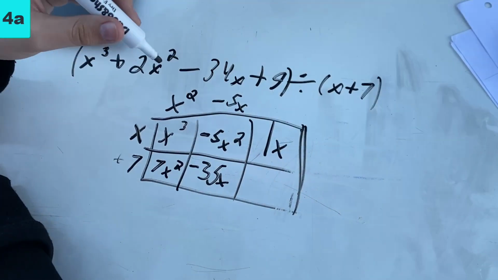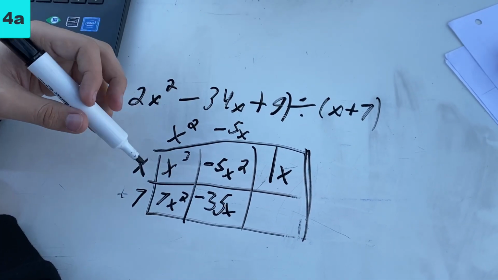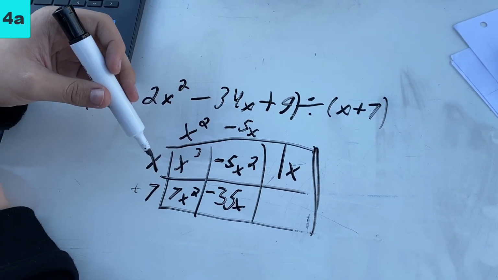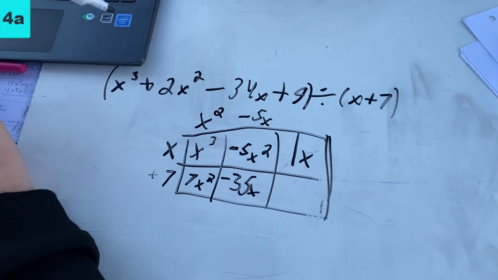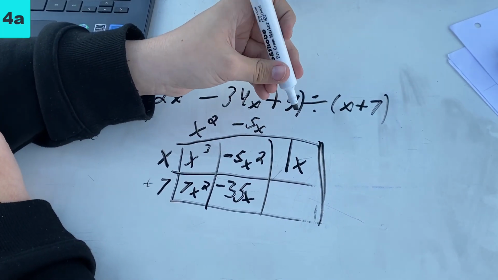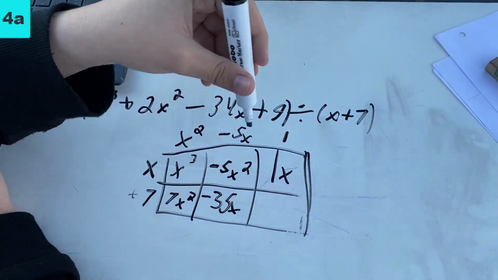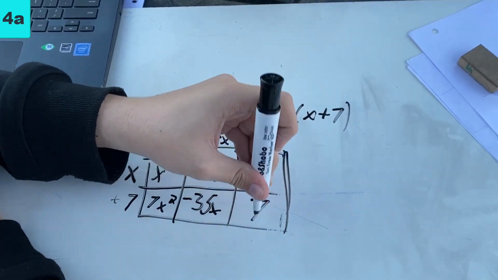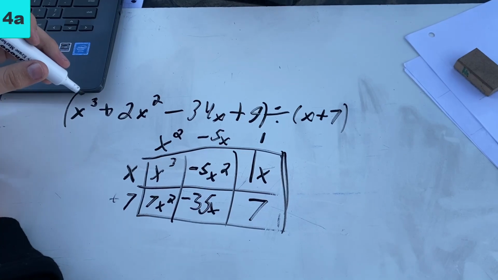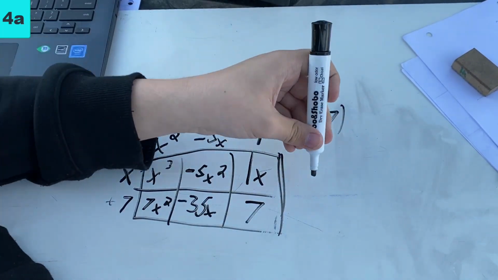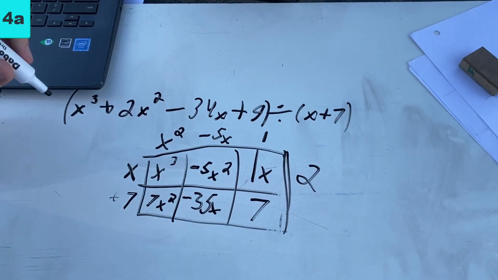So then we have x times what is 1x, and we know that that's just plus 1. And then we multiply that by 7, we just have a very simple 7, and then in order to find our remainder, we figure out what that is. Our remainder will be 2. Very simple, 2.